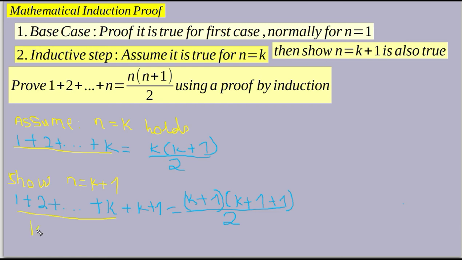So I do k into brackets k plus 1, divided by 2, and then plus k plus 1 is equal to k plus 1 into k plus 1 plus 1, divided by 2.